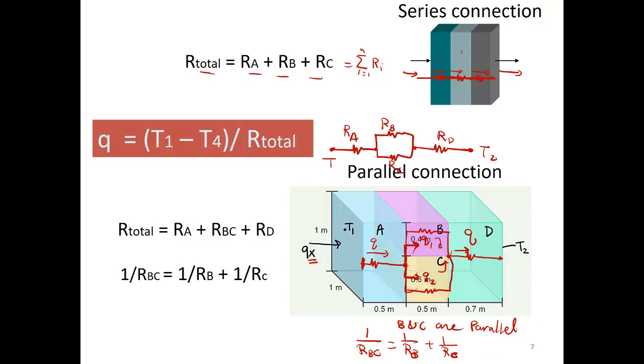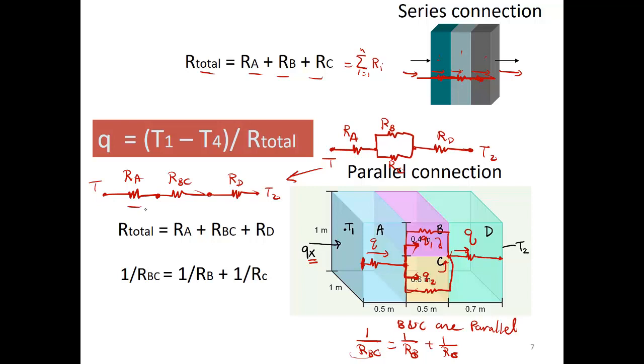If you have some numbers, plug them in and find the number directly and then take the inverse. So this will reduce to RA, still there, RBC, and RD. This will be now T1 and T2.